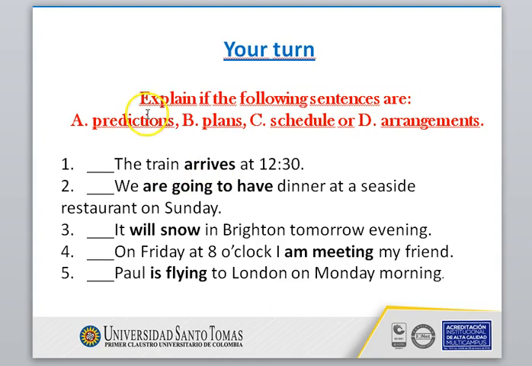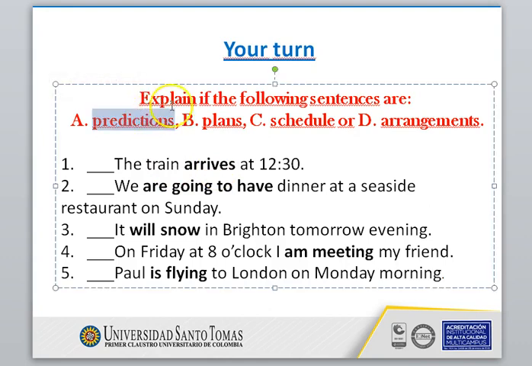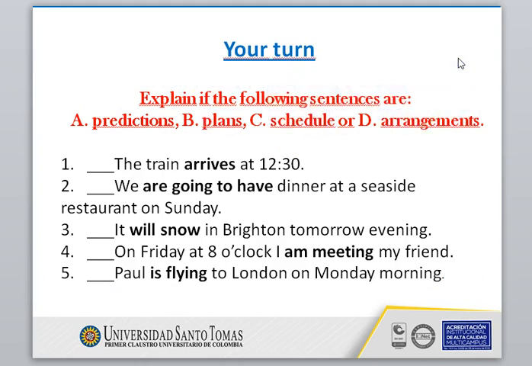Do you remember if that is a prediction, a plan, a schedule, or an arrangement? What do you think? We're going to be doing this exercise together, but I want you to go ahead and in advance think about a possible answer. Is it A, B, C, or D?